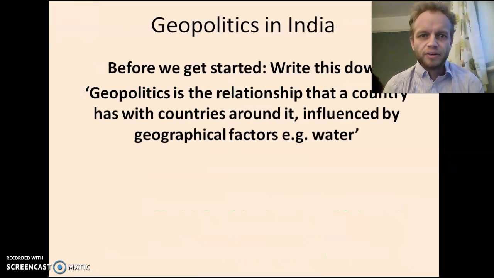Okay, so before we get started on this lesson about geopolitics in India, obviously it's important that we understand what geopolitics actually means. So in your books, you need to write down this definition. Geopolitics is the relationship that a country has with countries around it, influenced by geographical factors. So for example, water.